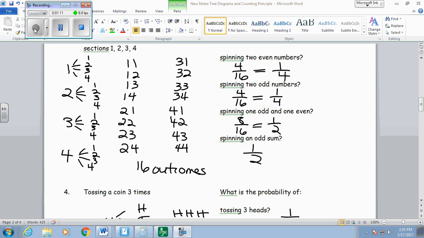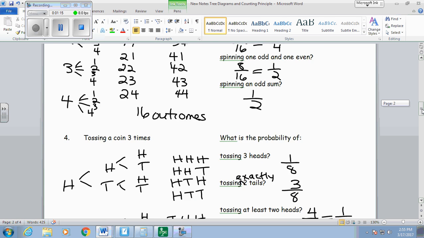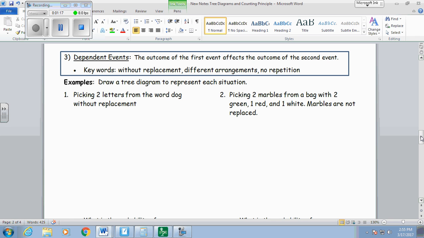All right, so now we are going to the dependent events section. This is number 3. It says that dependent events, the outcome of the first event affects the outcome of the second event. The keywords that you will see are without replacement, different arrangements, and no repetition. So we have talked about dependent events already, about the without replacement.